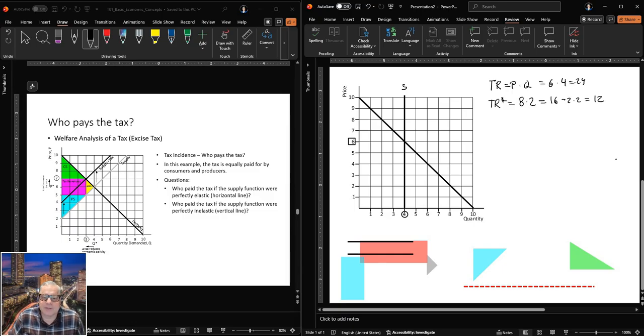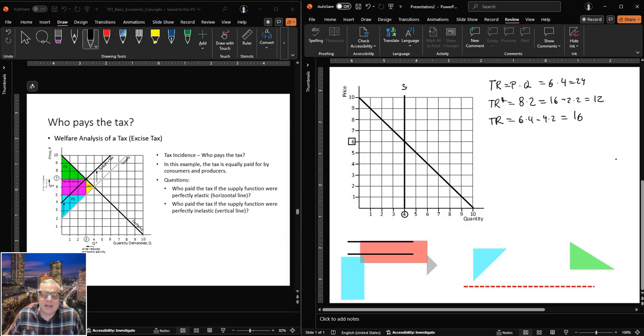So the farmer still charges a price of 6, and then we have 6 times 4, total revenue is 24. And now the farmer has to pay the tax of 4 times 2 out of his or her own pocket, so minus 4 times 2. So now we have 24 minus 8, 16, which is still better than trying to pass on the tax.